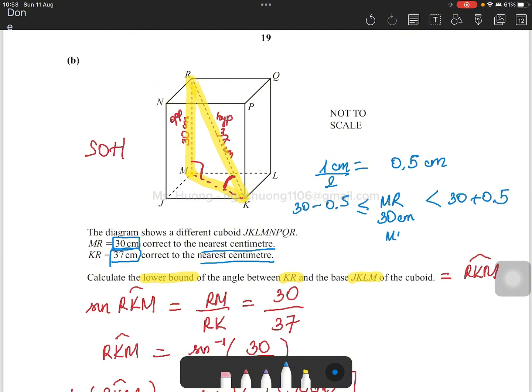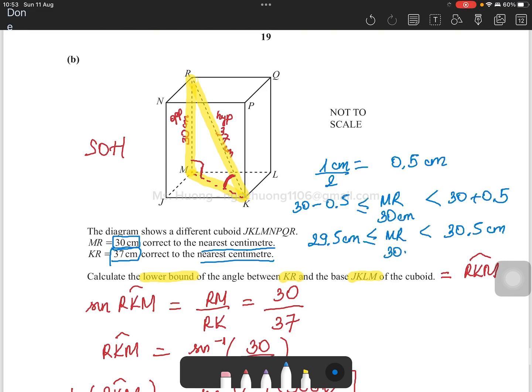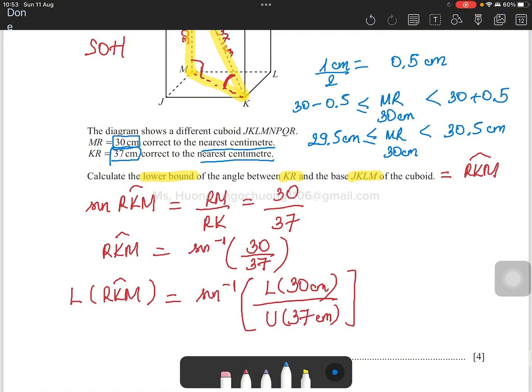So MR is smaller than 30.5 centimeters and greater than or equal to 29.5 centimeters. This is the upper and lower bound for MR. And remember, MR is 30 centimeters. So if we want the lower bound of 30 centimeters, we will use 29.5 centimeters for this.